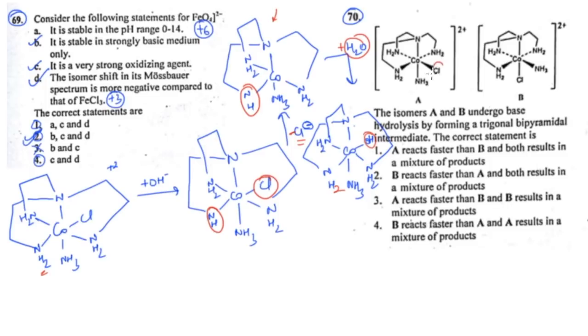In A you have chlorine over here. In B you have chlorine over here, in this particular axial bond. If you do it for B, you will have a similar kind of reaction. The reaction mechanism will be the same, just with the chlorine in the axial bond. So I'll just try to draw it over here.